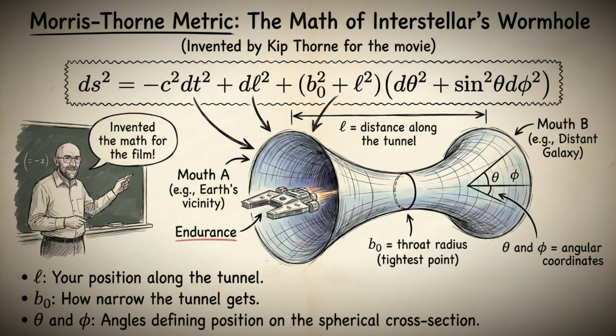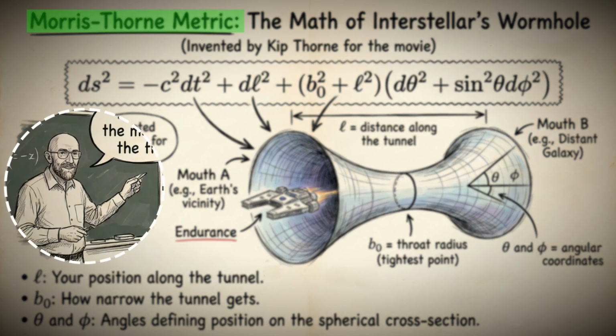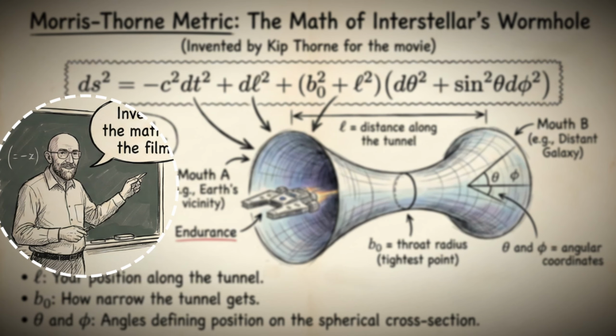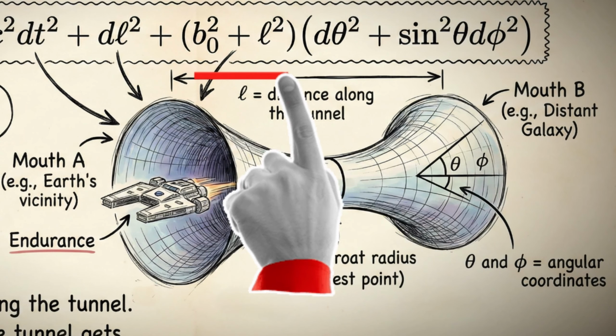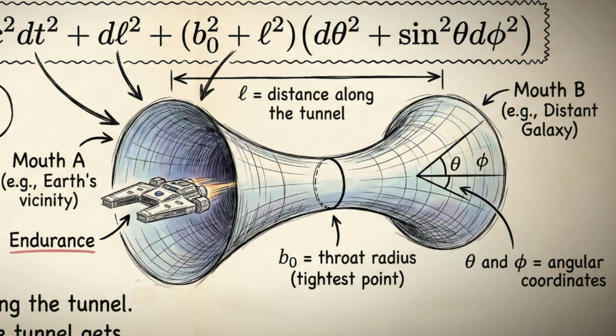The mathematical description of this is called the Morris-Thorne metric, named after Kip Thorne himself, the movie's scientific advisor. He literally had to invent the math to describe this wormhole for the film, where L is your distance along the tunnel, from one mouth to the other.